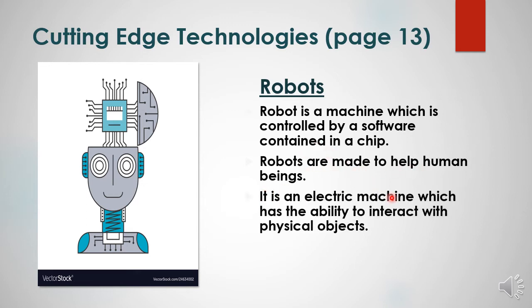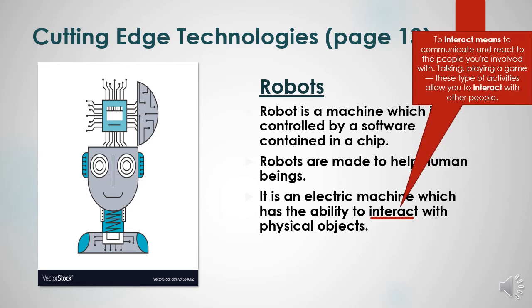It is an electric machine which has the ability to interact with physical objects. Interact means to communicate and react to the people you are involved with. Talking, playing a game, these types of activities allow you to interact with other people.